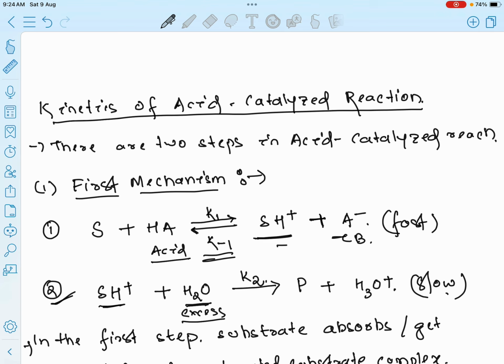In the other case, the anion or conjugate base formed due to the dissociation of the acid HA will receive the proton from the substrate proton complex, and then there will be a different mechanism.